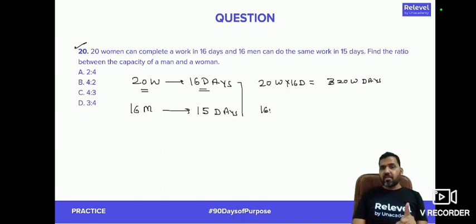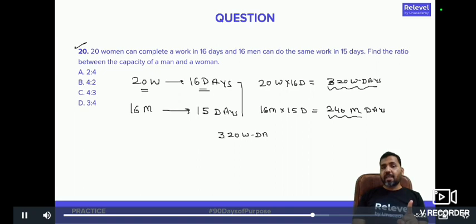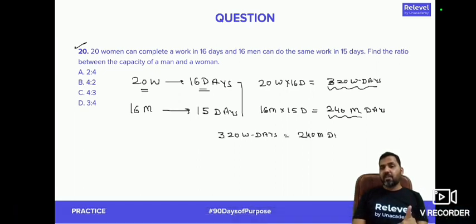And 16 men have to work 15 days to do the same piece of work. That means 16 into 15, which is 240 man days, are required to do the work. In 320 women days, the work is getting finished. In 240 man days, the work is getting finished. So can I say 320 women days of work is the same as 240 man days of work?